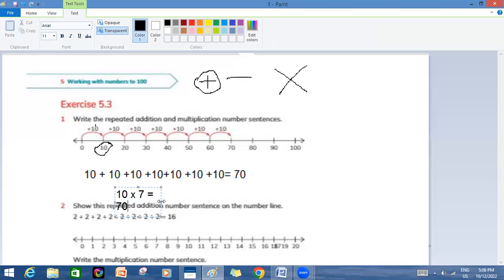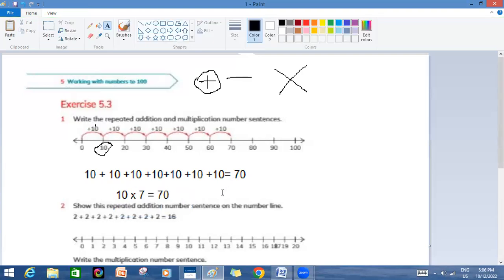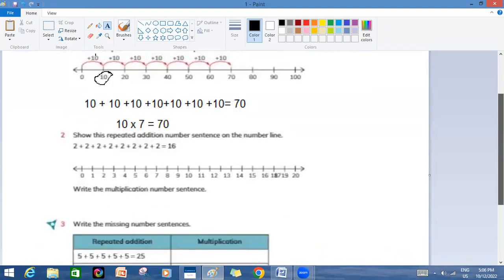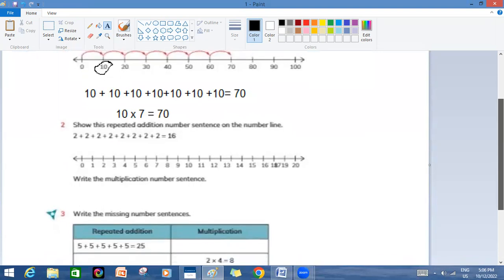So we can add or we can multiply. We are going to count them with the help of the number line, so it will be easy. So this is the repeated addition number sentence and this is the multiplication number sentence. Don't worry.